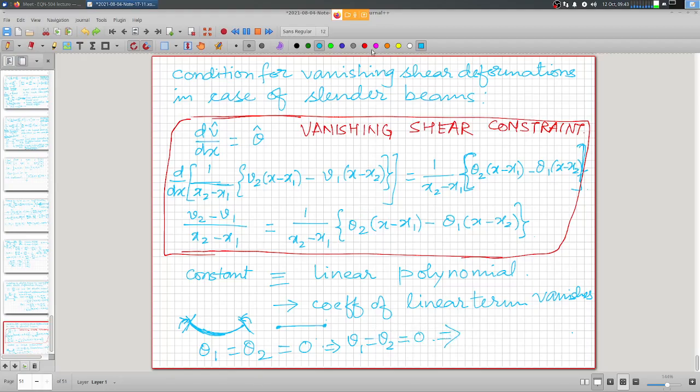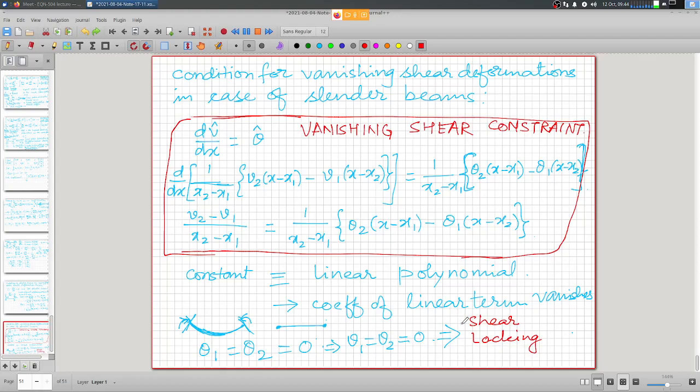And that means irrespective of what load you apply, no matter what intensity of load you apply, no matter how large magnitude load you apply, the beam would predict zero deformation if the beam is slender.